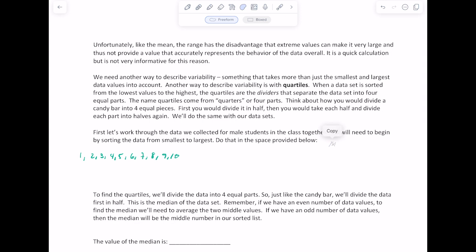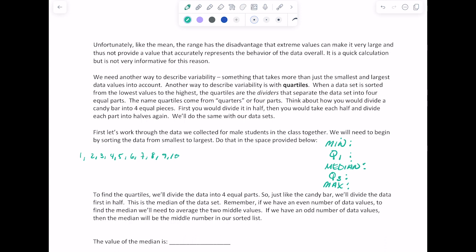I'm going to find the min, which we already know. I want to find the max, so the lowest and the highest values. We know how to find the median. And I also want to look for the first quartile, which we call Q1, and the third quartile, which is Q3. So essentially what will happen is we're going to take our data and divide it into 4 parts.